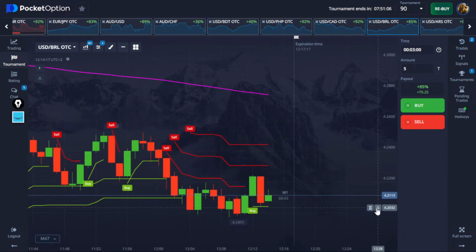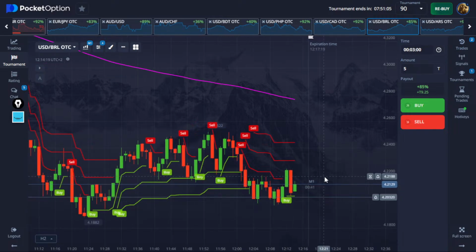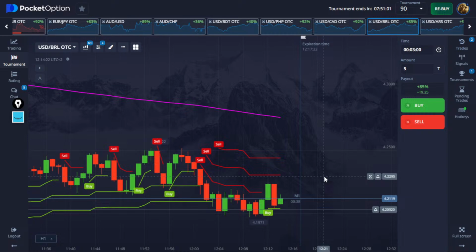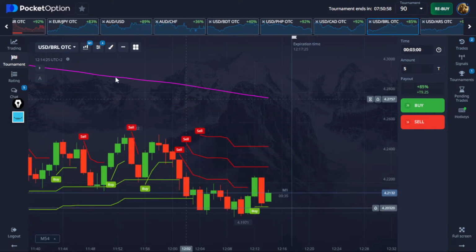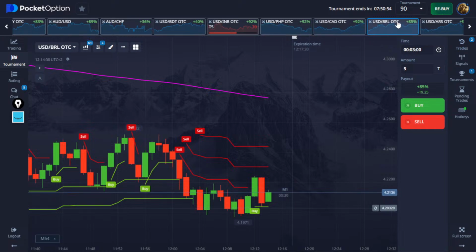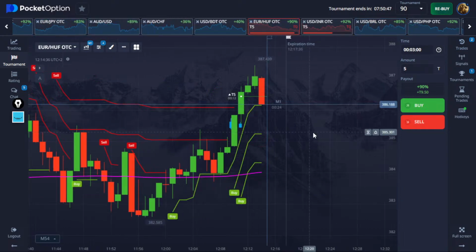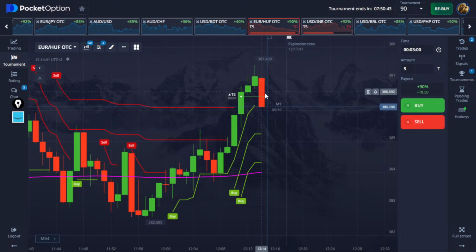I set an alarm here. See that? Two topping tail bars. Look at this.